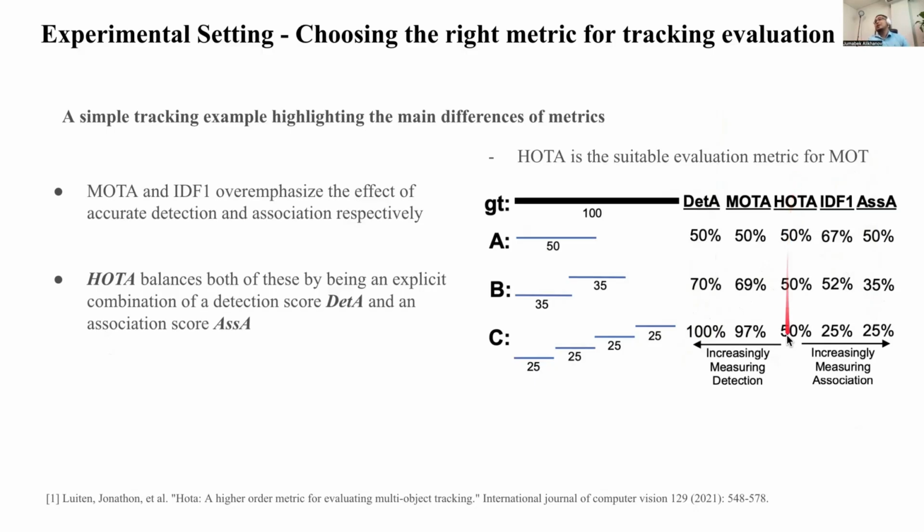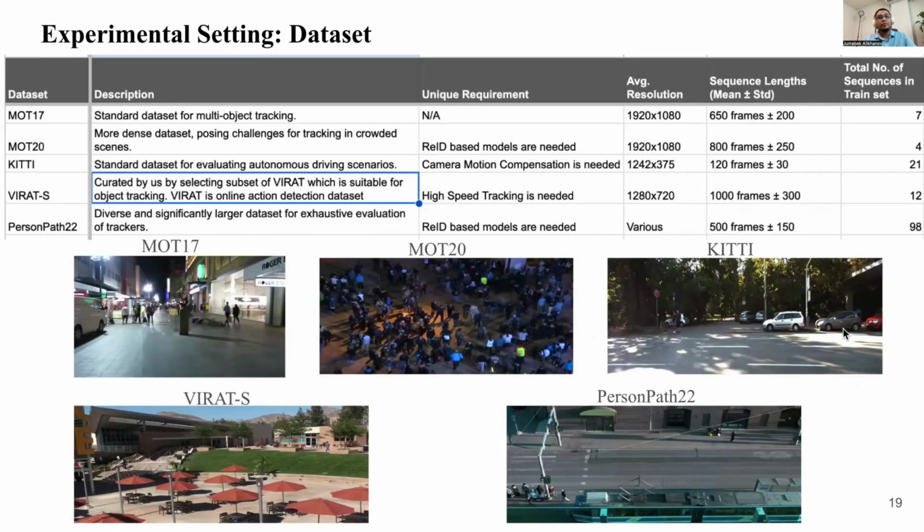That's why HOTA is reliable, and they prove mathematically it's a monotonic function. All right, so from now on, we use HOTA. Obviously, we provide the other metrics for evaluation, but we need a primary metric. HOTA is our primary metric of evaluation, because we need to follow one metric in order to see which model is good.